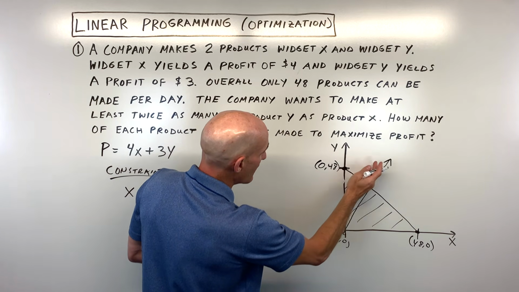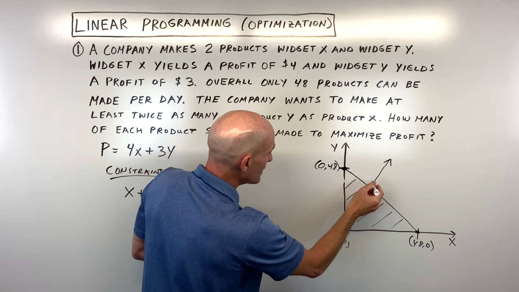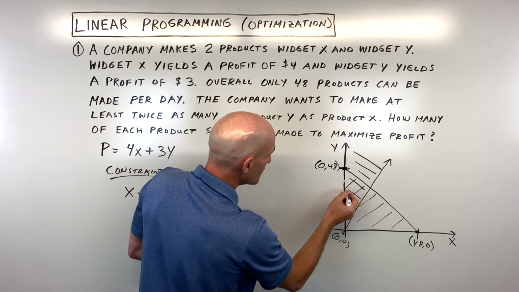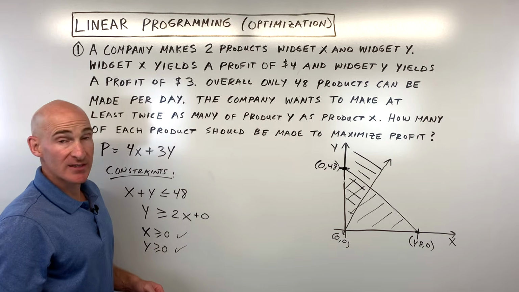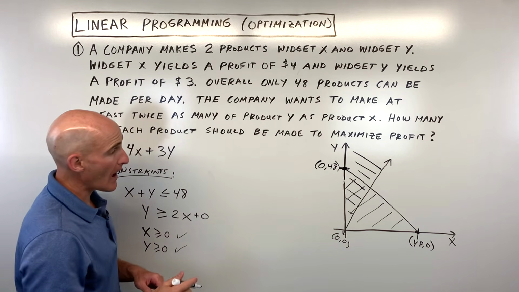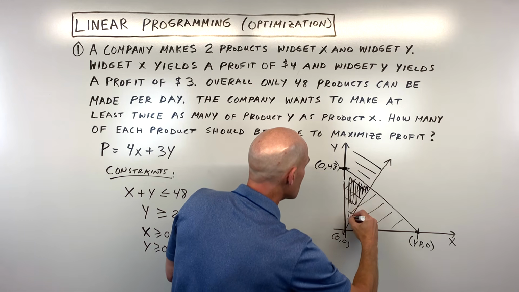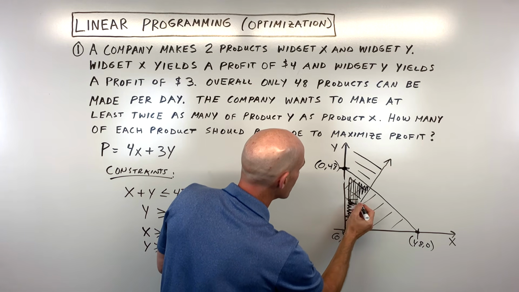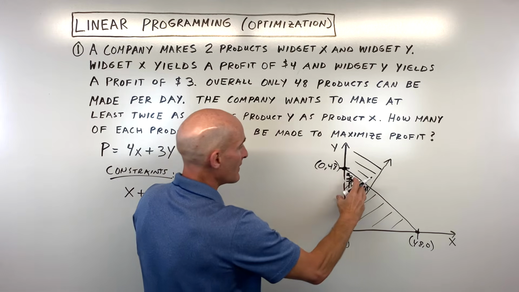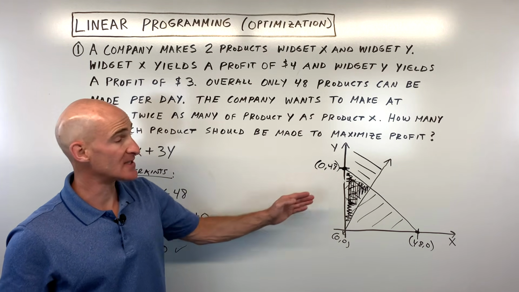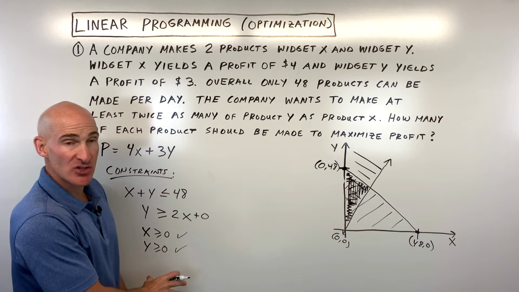So that's going to put us right there. Now notice where these regions are overlapping. They're overlapping right here. I'll shade this in a little bit darker for us. In that triangular region, and this is what's referred to as the feasible region. It's the region that satisfies all of our constraints.